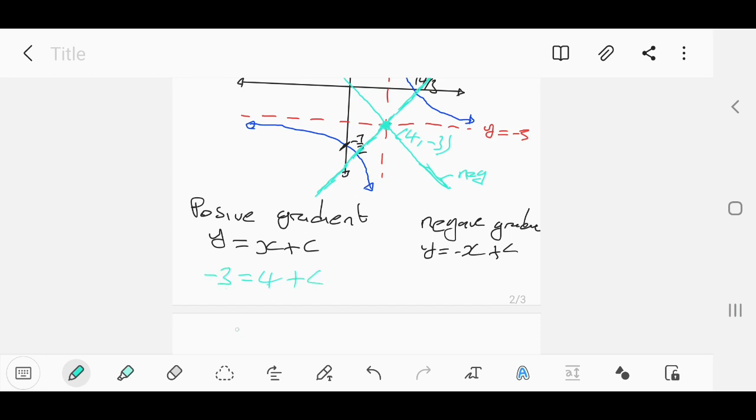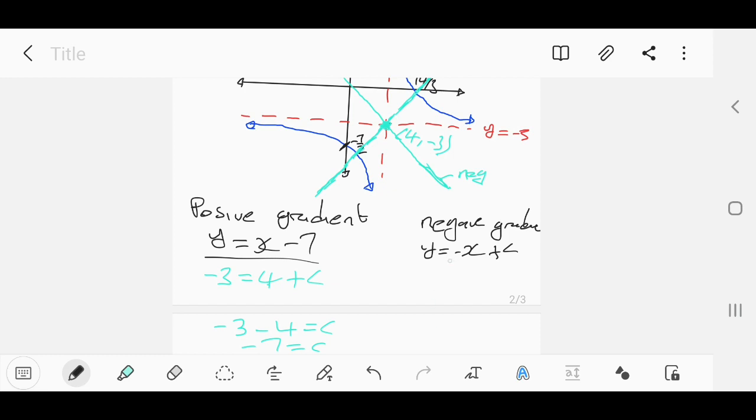So minus 3 minus 4 equals c, because 4 went the other side. So minus 7 equals c. So I go back to the equation, cancel c, and put minus 7. So this is going to be y equals x minus 7. This is the equation of this one here.